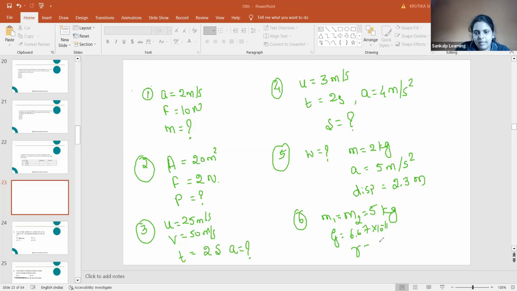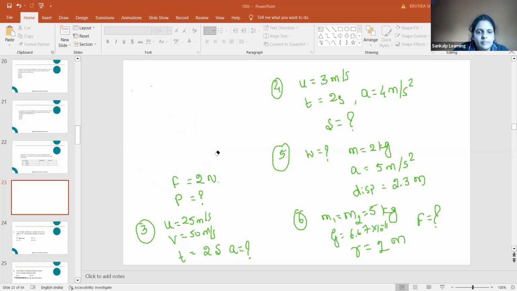And the r value I'll take as 2 meter. So calculate F is equal to, this is based on the gravitation. 2 more, total 8. So 2 more I'll write. That is the seventh one.